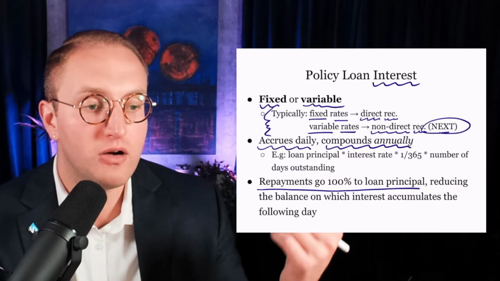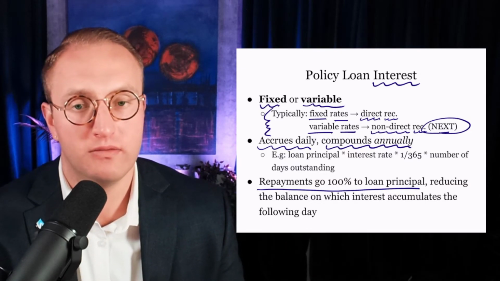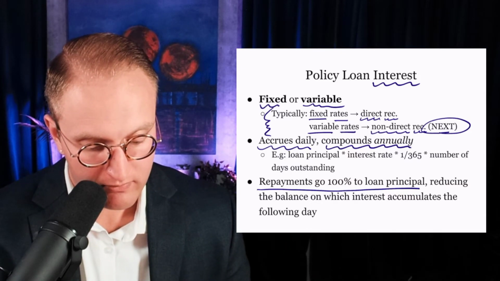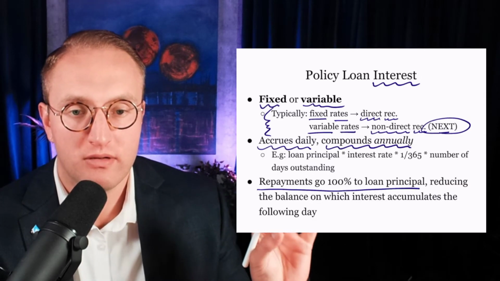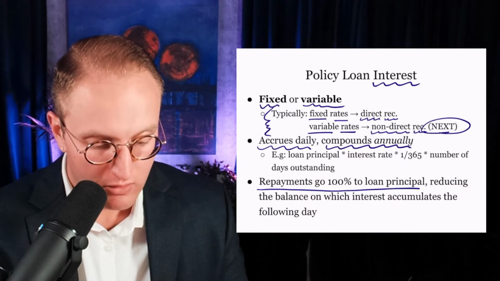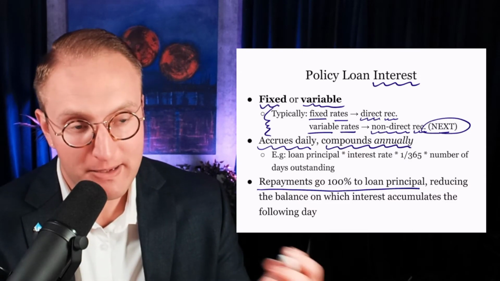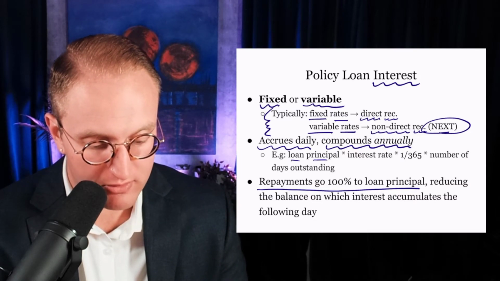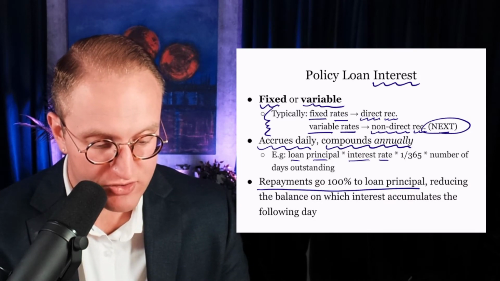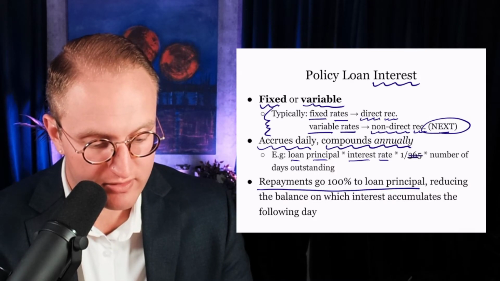So if I borrow 10 grand via policy loan, there would be sort of this separate tabulation of interest accrual where on a given day, typically at midnight at the end of the day, there will be the loan principal. They'll multiply that times the interest rate times, it's actually 1/360th.